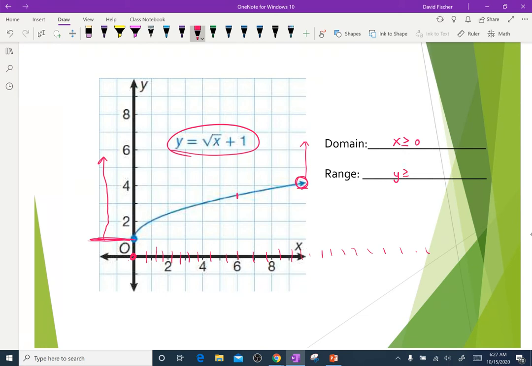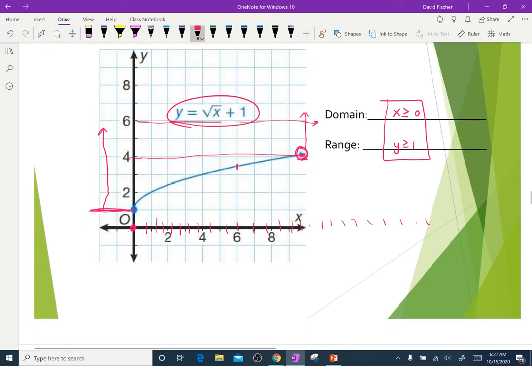So I want to say y is all numbers greater than or equal to 1. 4, yep, eventually out here, if I look to the right, 4 would hit it. 6 eventually, way out there, would hit. So this is how you do a domain and range for a continuous graph. It has some arrows on one end, sorry, not both.